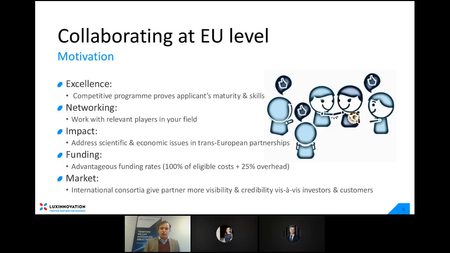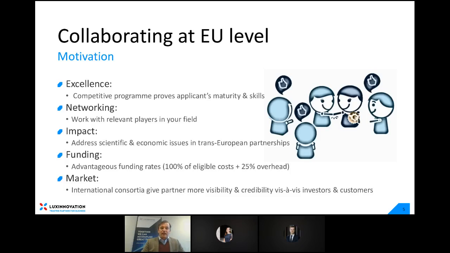And as you have heard also before, what is the reason for trying to do it at European level instead of going national? First, there's, well, the concept of excellence of European programs. They are very competitive programs, and they prove the applicant's maturity and the skills. You're able then to network with relevant players in your field while doing something with an additional impact, because you're addressing scientific and economic issues in trans-European partnership delivering at European level.